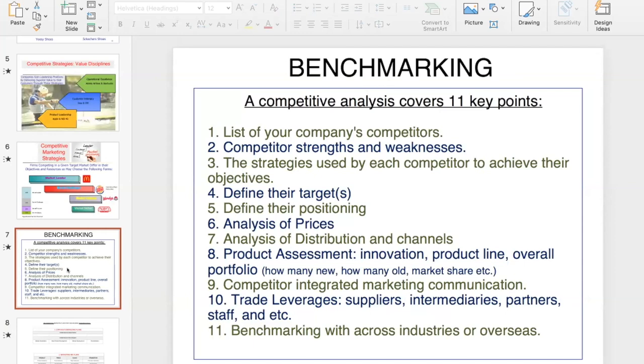Then you want to see how they communicate. So what is their slogan? What is the most common message? Which method of communication they use the most, in terms of if it's magazine, which magazine, if it's radio, which radio, if it's appearances, sponsoring, which event they sponsor. If it's social media, you want to get a weight of which social media they use the most.